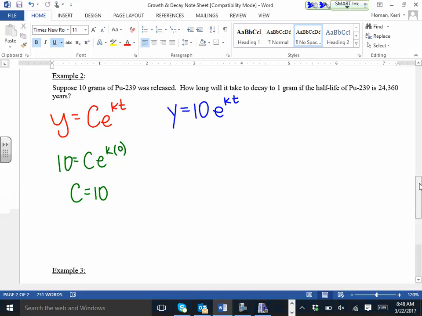Okay. Now, we want to know how long it will take to decay to 1 gram, but what must we know first before we can find that? We must know K. Well, we know the half-life is this many years.